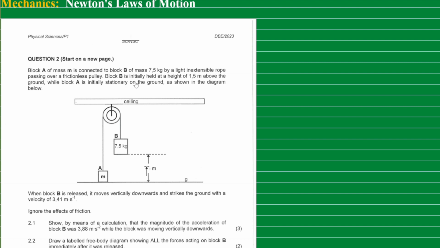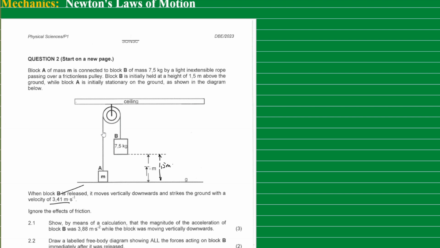Block B is initially held at a height of 1.5 meters above the ground, while block A is initially stationary on the ground as shown in the diagram below. When block B is released, it moves vertically downwards and strikes the ground with a velocity of 3.41 meters per second.